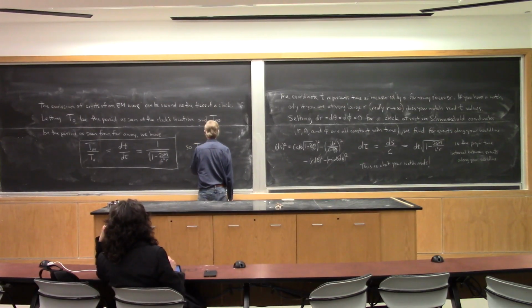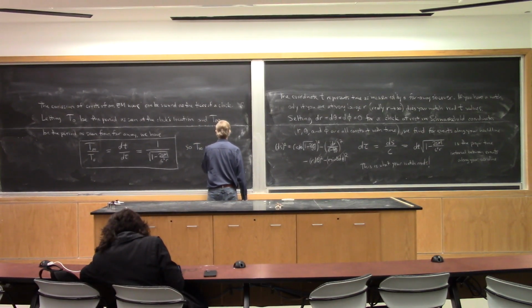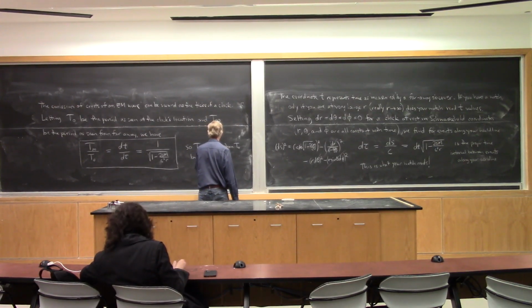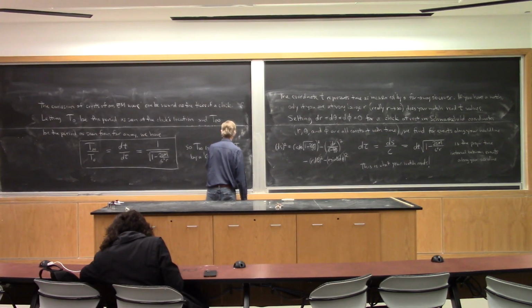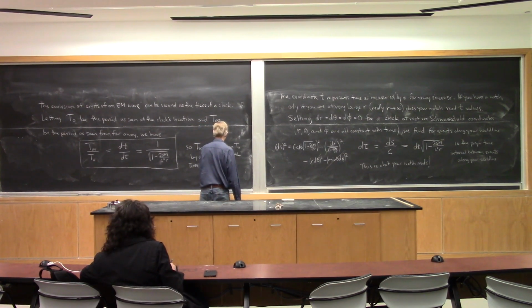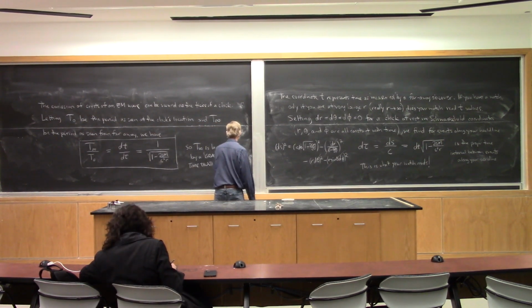So T infinity is larger than T naught by a gravitational time dilation factor of 1 over the square root of 1 minus 2GM over c squared r.